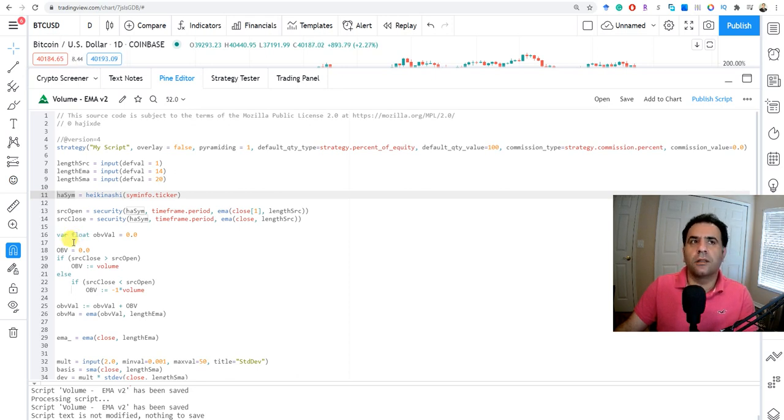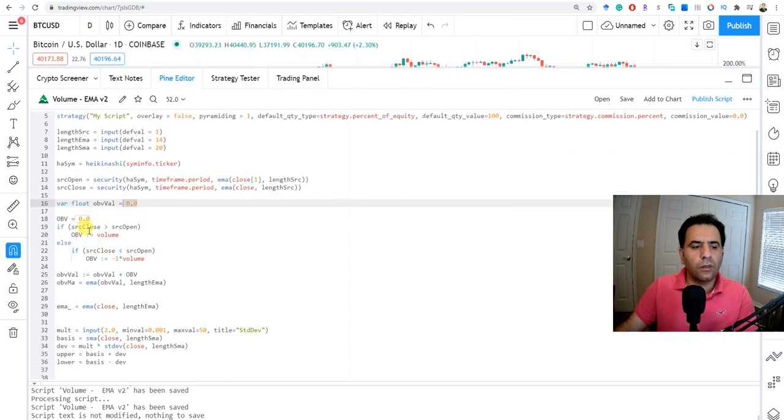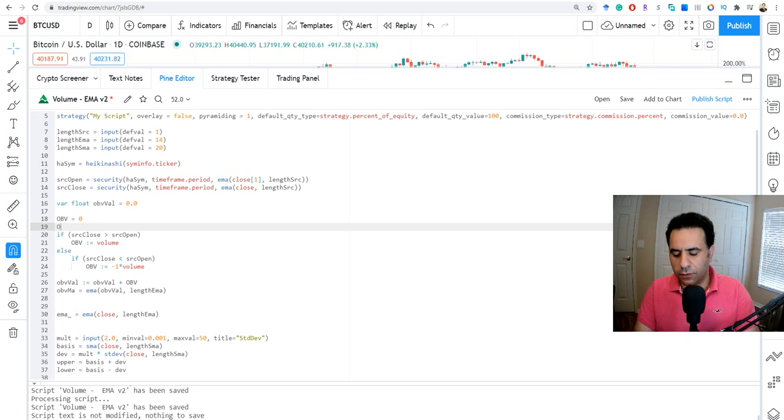Then we have a variable which is defined on the first candle. Doesn't matter when. The first time that we have a price, this is equal to 0. So the OBV val is actually our OBV value. Then we have uppercase OBV, which by default is set at 0.0. When you say 0 in Pine Script, this is a common mistake. If you say OBV is equal to 0, then later you want to say OBV is equal to, let's say, close minus close 2, something like this.